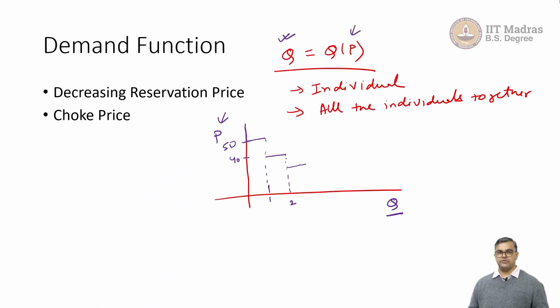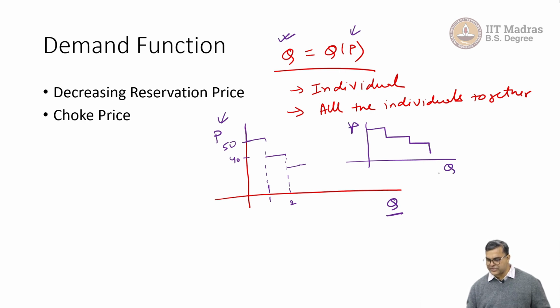This is for an individual; we can do it for all individuals together. What you are going to get here is a step-like function, something like this. Here is price, here is quantity. This step-like function can be approximated by a graph like this.